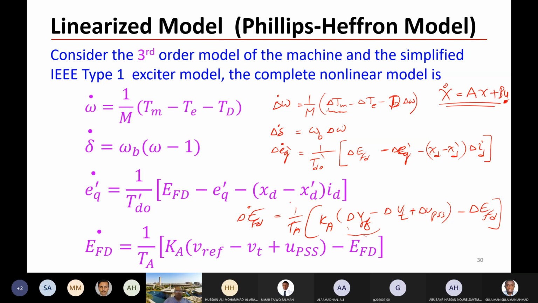So this should be done externally. Let me ask you, before asking about u, what are the states? What are X here? What are the states here?